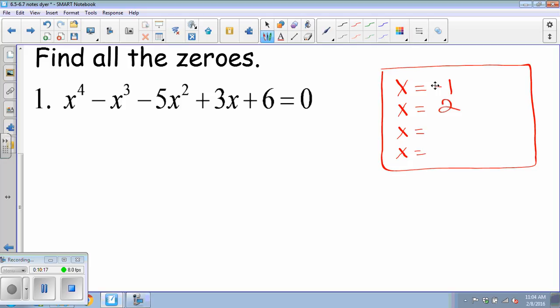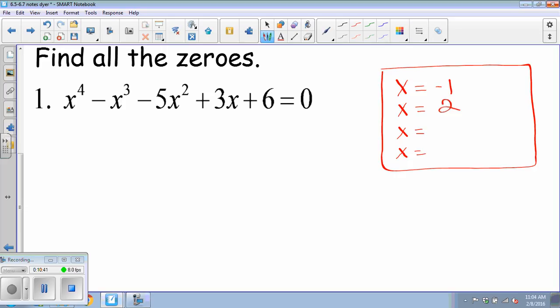All right, so now I have two of the solutions. So what you do now is you do synthetic division with both of those, but you do them one at a time. And every time you do synthetic division, it drops your exponent down by 1. So when we do synthetic division with x equals -1, our answer is going to start with x to the third, right?